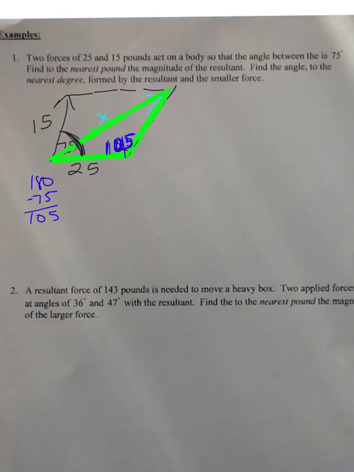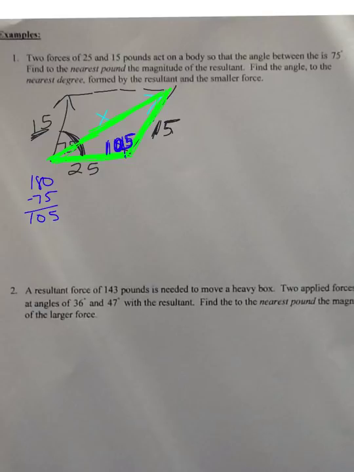One other thing I know is that if this side here is 15, this side here is 15. So let's look at this green triangle. In the green triangle, I know this side is 25 and this side here is 15. I'm looking for the third side, and I have the angle opposite the third side. So what do we use? We use law of cosines.